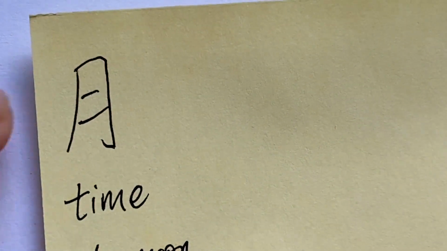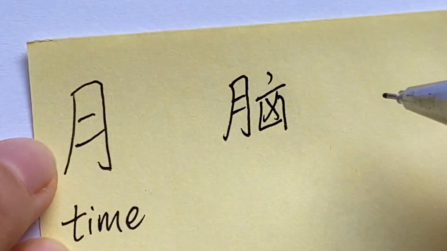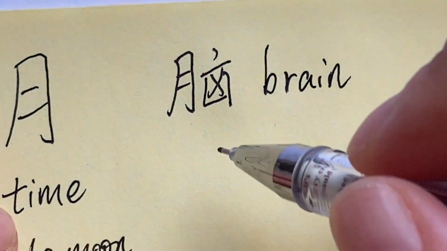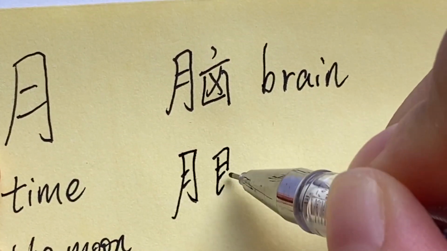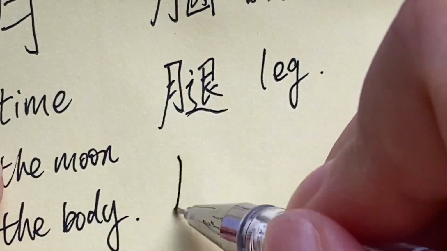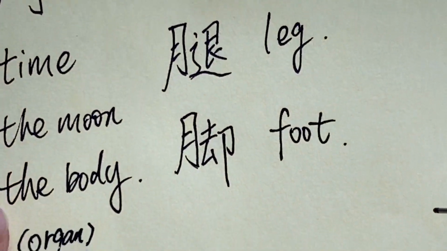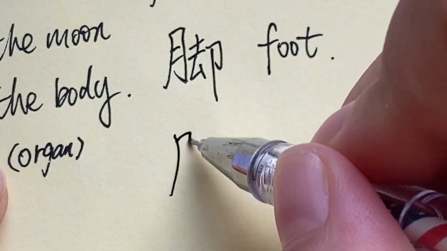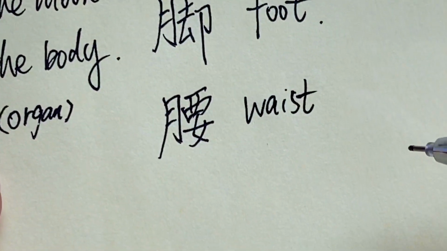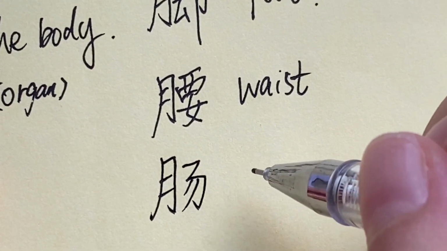For example, 脑 brain, 腿 leg, 脚 foot, 腰 waist, 肠 intestine.